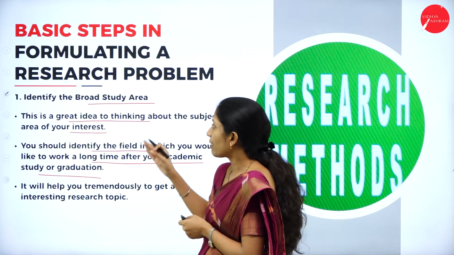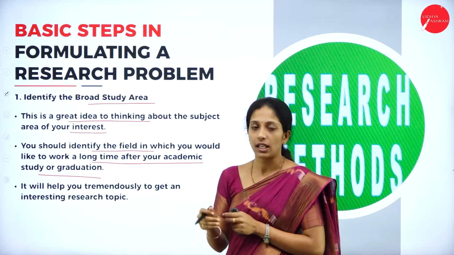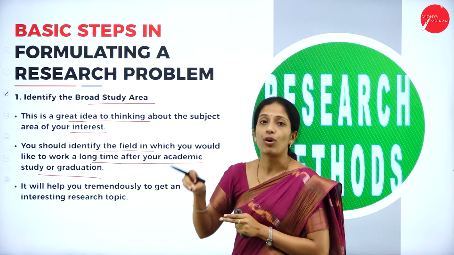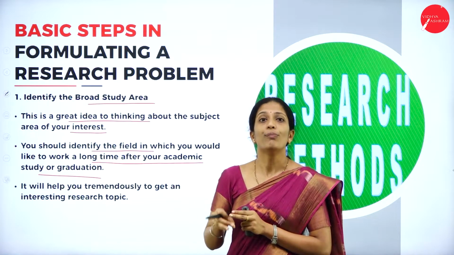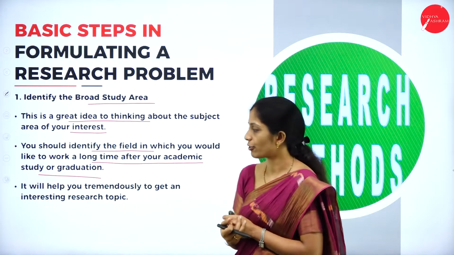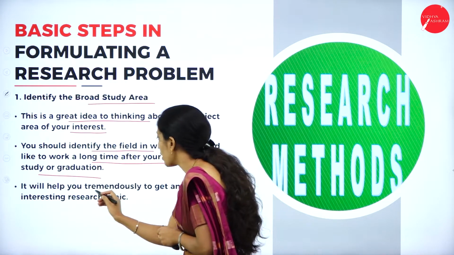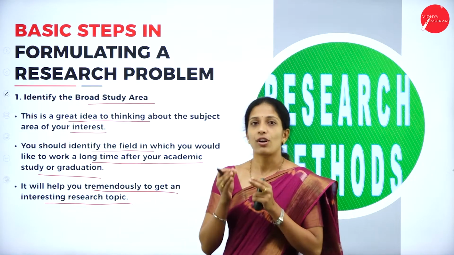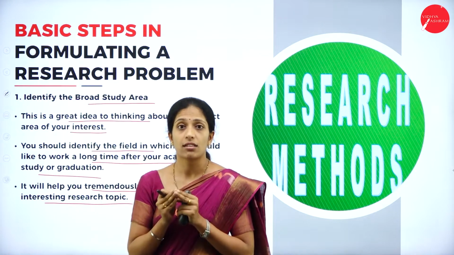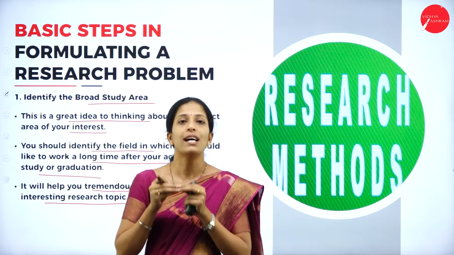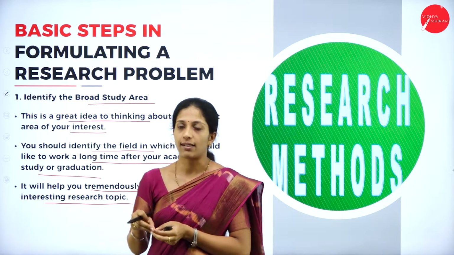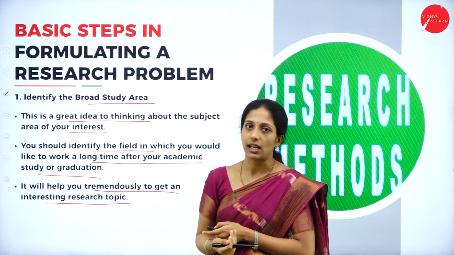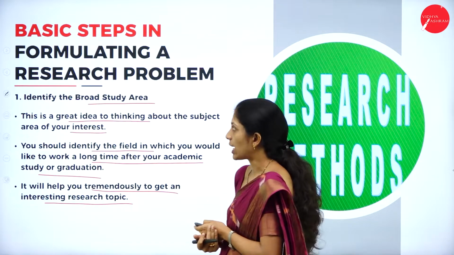I have to go through the subject where I have more interest and where I can fetch more information on that particular topic. It will help you tremendously to get an interesting research topic. So, the first step is to identify the broad study area where I am more interested.